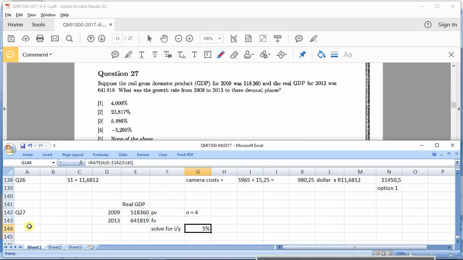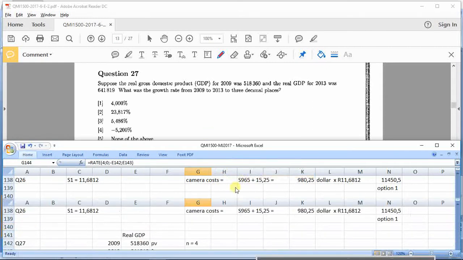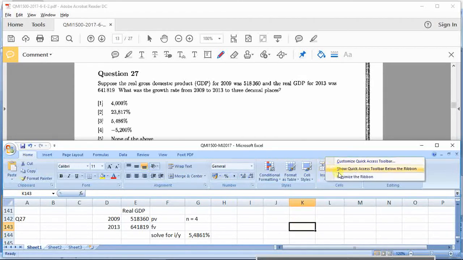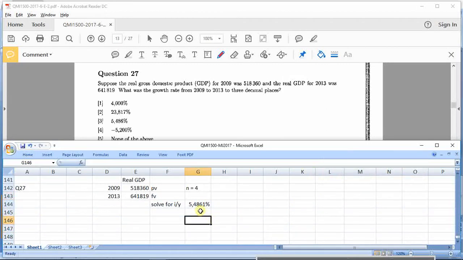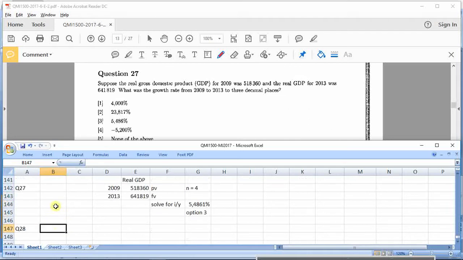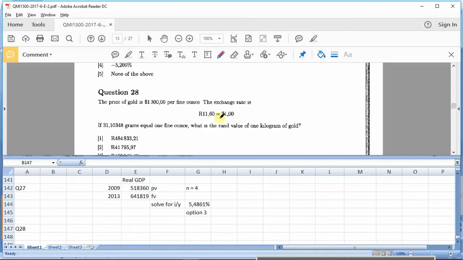Rate is 5%. Well, let's just see what it is. The Excel might have rounded this off. Yeah, they did. So there are more decimals: 5.486, so option 3. You don't have to use math when you can use the calculator. Make sense? Yes. Okay.